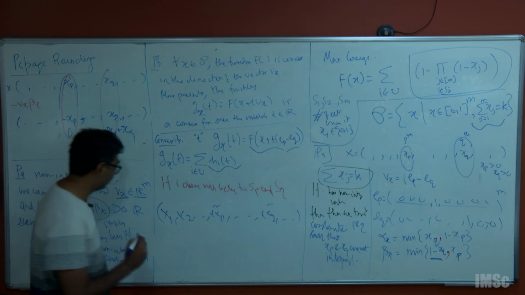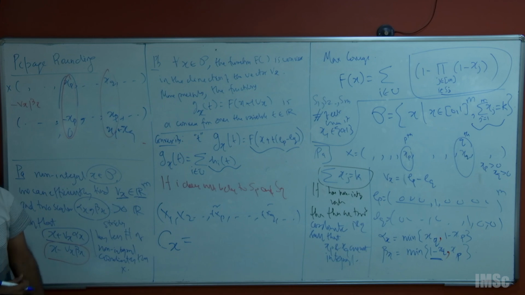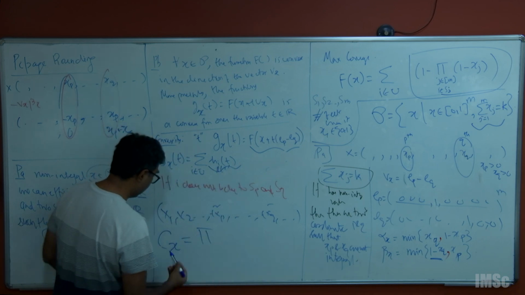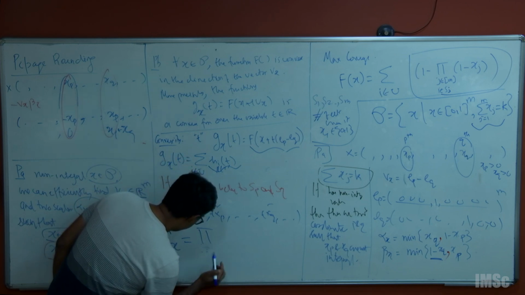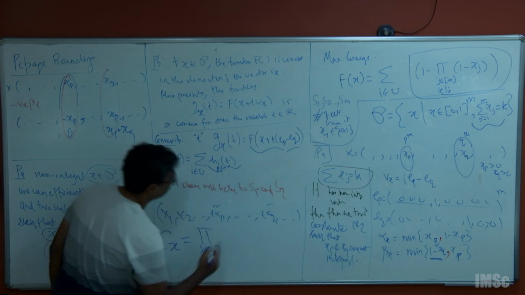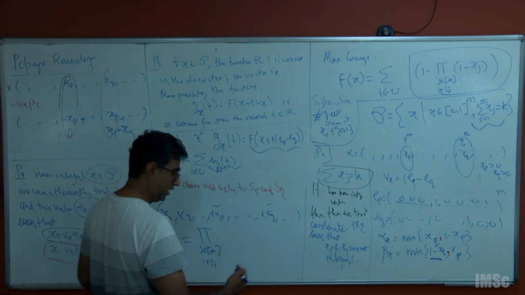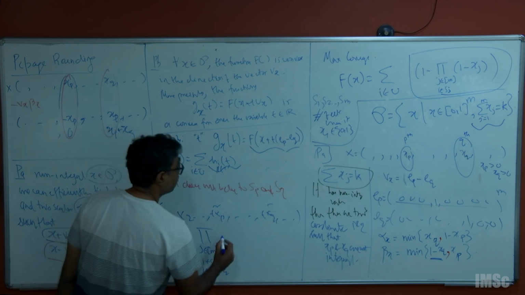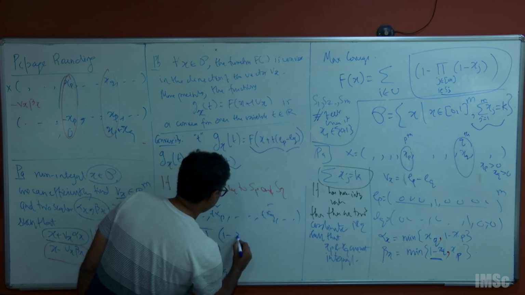Okay. So now let's define a constant. What is my Cx? I want to define a constant Cx, which is nothing but the product over j in 1 to m, over i in Sj, with i not equal to p and i not equal to q, of 1 minus xj.